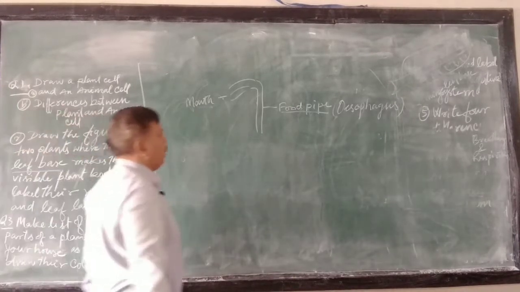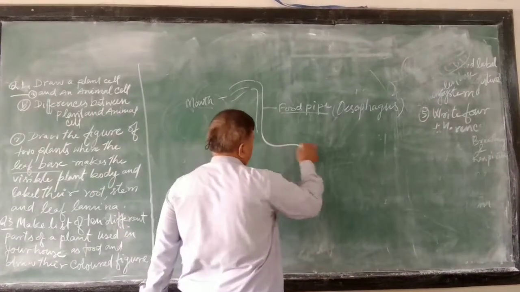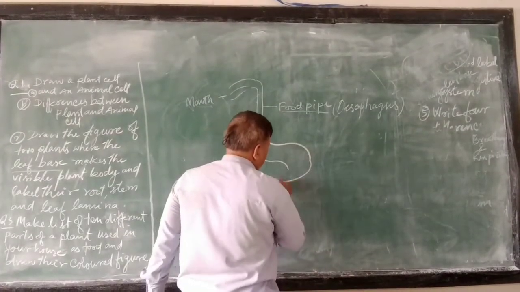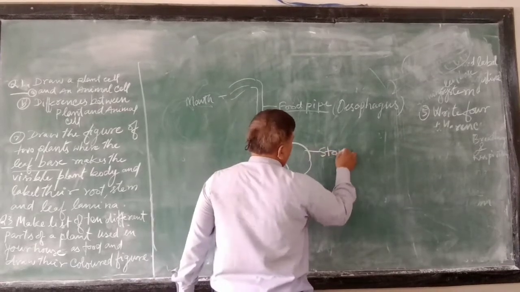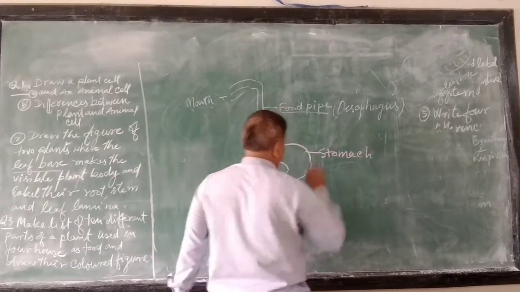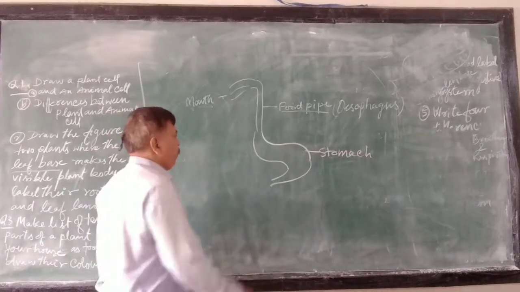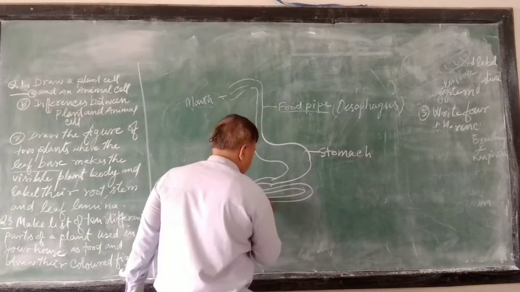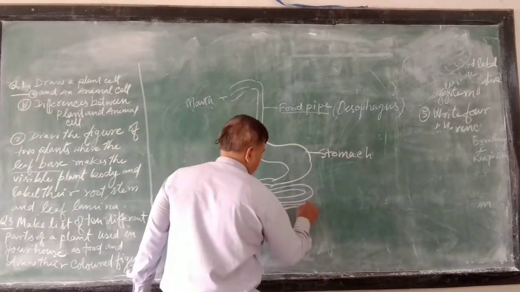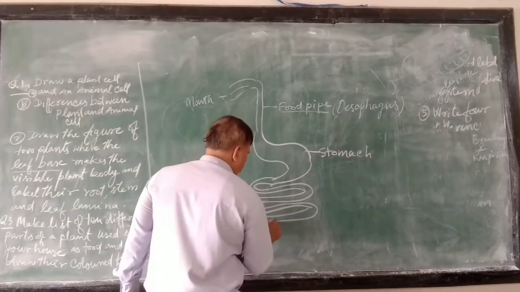After the esophagus, you have to draw the bag like structure, that is the stomach, and from this stomach you have the small intestine.